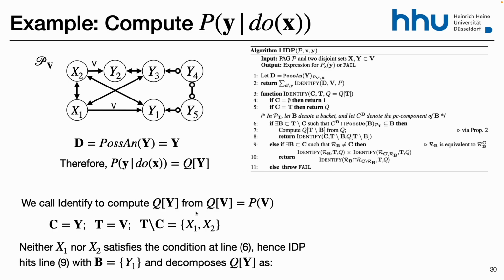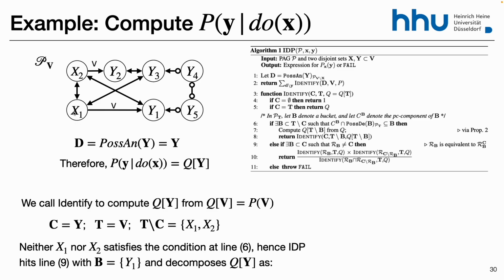Neither X1 nor X2 satisfies the condition. We can check why not. We need the C component of them in PT, so my PT is V, the entire graph. If I get the PC component, the possible descendants, I have, for example, Y1, which is a descendant and is part of the C component because of this.